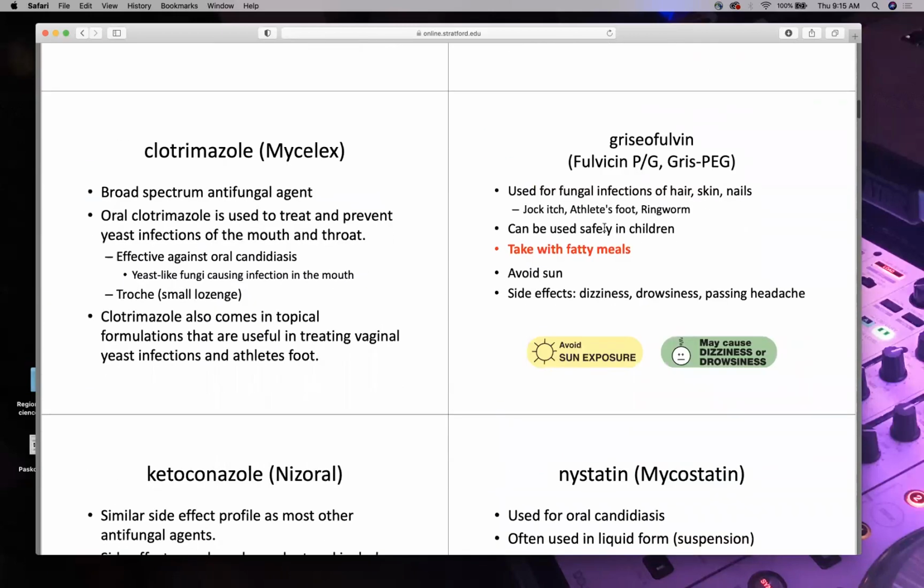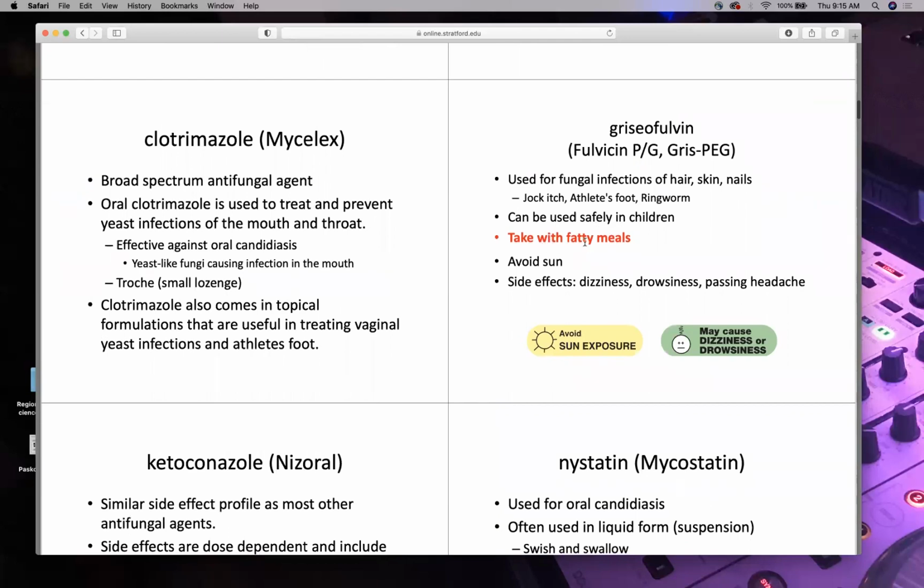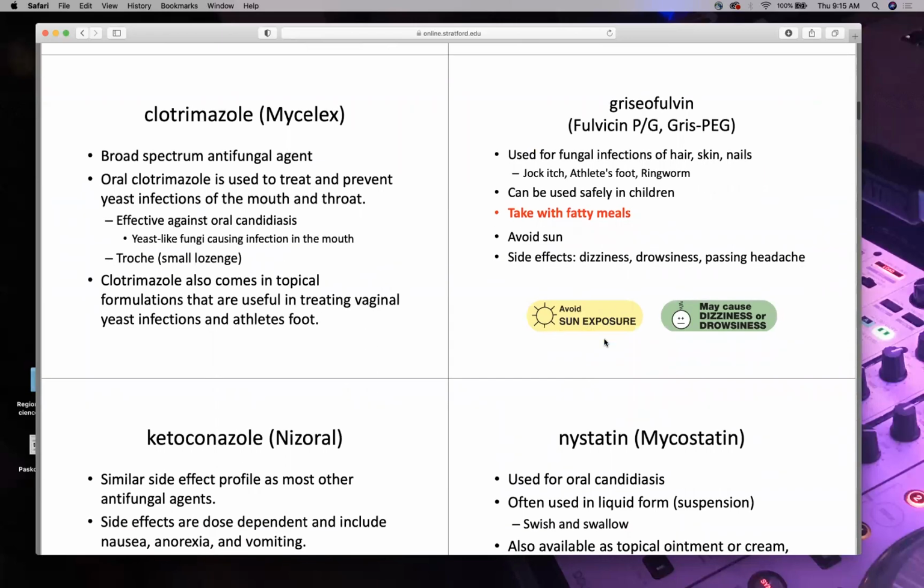Okay, topical, ringworm, athlete's foot, griseofulvin, right? It's nice. And you'll see that there are going to be these labels. If you see this label, that means it has some UV effects, and of course may cause dizziness and drowsiness.